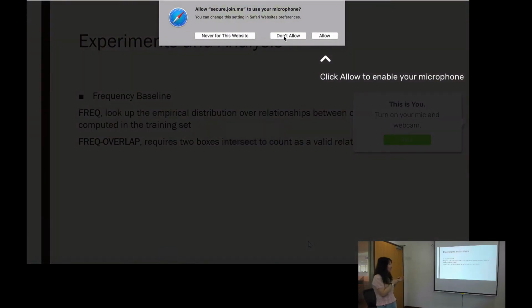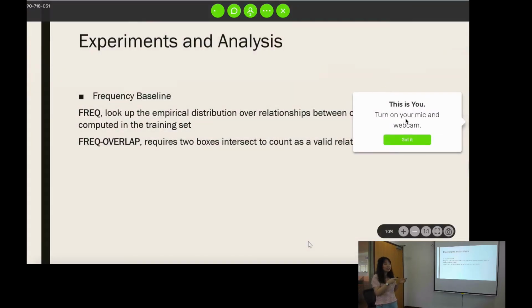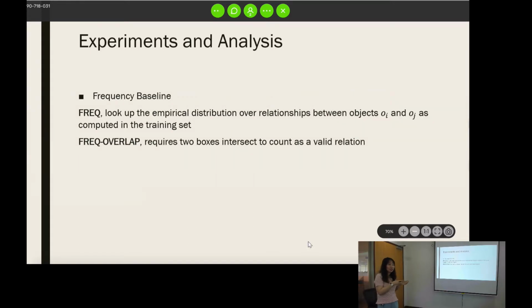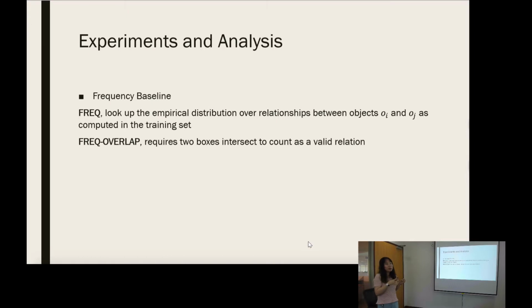That means this baseline just looks at the data in the training set and the empirical distribution, but does not use the image information. And the second one is based on the frequency baseline, but requires the two objects to have some intersection region. These two baselines were proposed based on the analysis before.